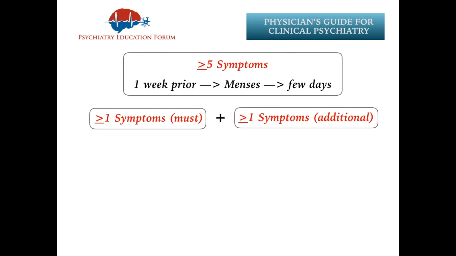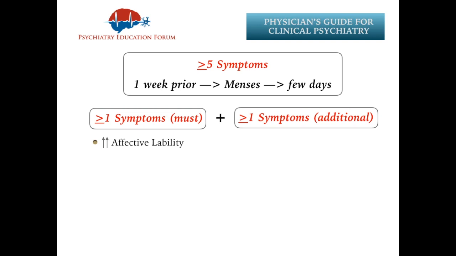But what symptoms are included in this must symptom category? First and most important is marked affective lability. This means a person is having mood swings, feeling suddenly tearful or sad, feeling increased sensitivity to rejection.